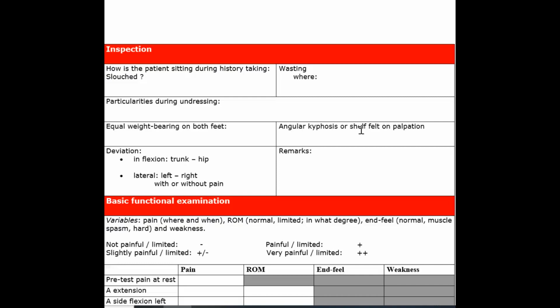And what is a typical history of the spondylolisthesis patient? Well, he tells us that he has more symptoms during walking and standing, and the symptoms disappear in sitting and lying. So pain on walking and standing, which disappears on sitting and lying.